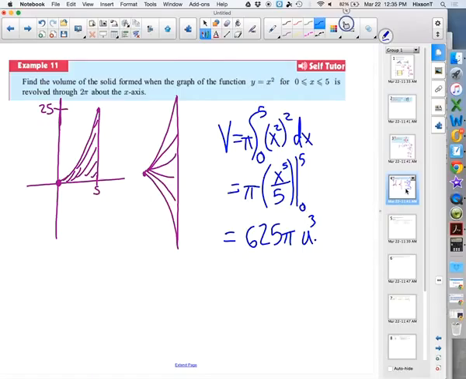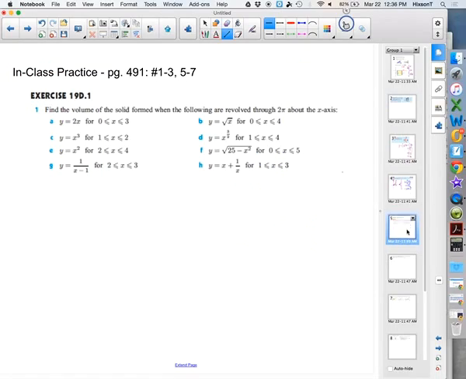Not too bad. So I've given you a couple here just to practice with. You can try some. We've done a couple like these, a, c, and e, with just a plain power of x. If you want to try some of these other ones, that would be good.